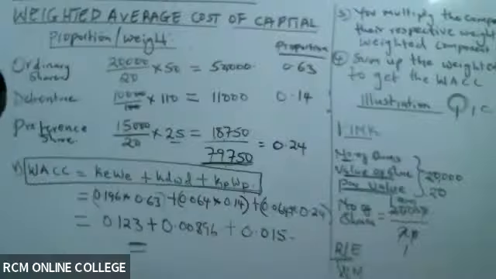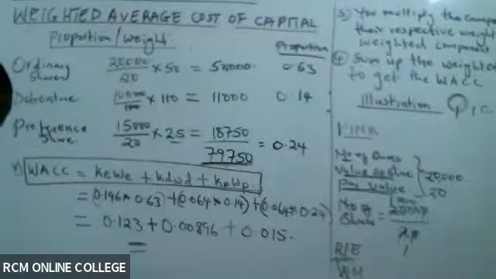Okay. 1 decimal place, 2 decimal place sawa. All right. 0.0896 plus 0.123. I'm getting 14.7. Yes, 14.7%. This is 0.147, which will translate to 14.7%.